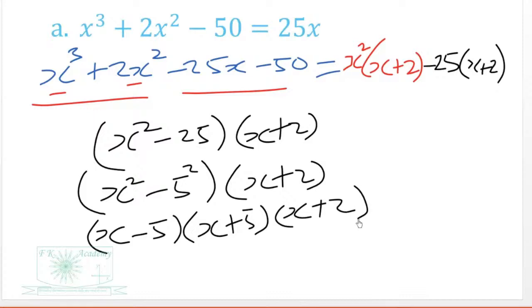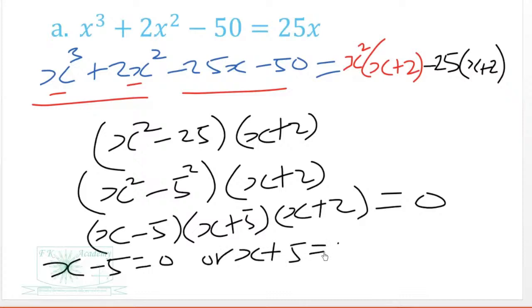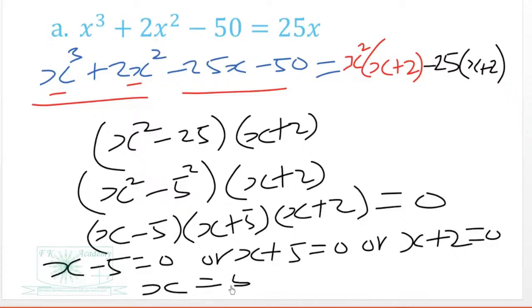So when we equate this to 0, we obtain x minus 5 equals 0, x plus 5 equals 0, x plus 2 equals 0. Hence the solutions are x equal 5, -5, -2. So these are the solutions to the cubic equation, which is the first one.